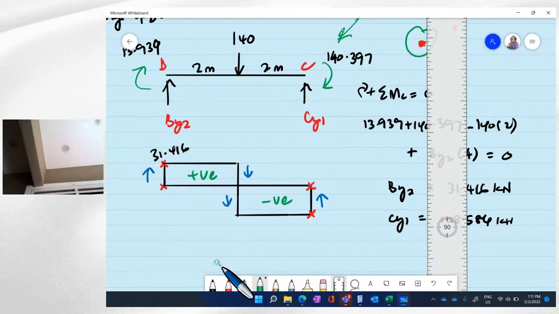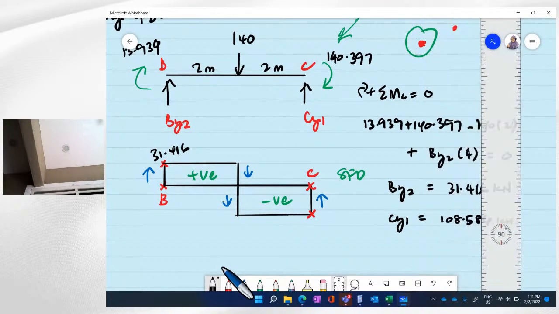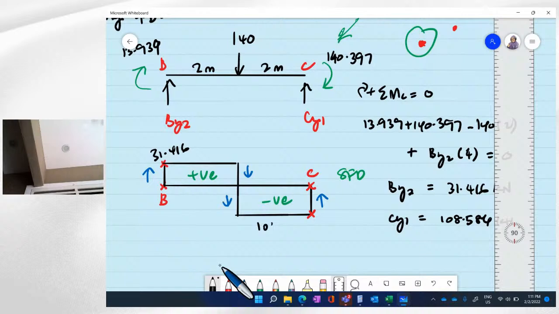Okay, this is the shear force diagram for member B and C. This value is equal to negative 108.584 plus, okay, plus back with this positive, so we get back to 0.